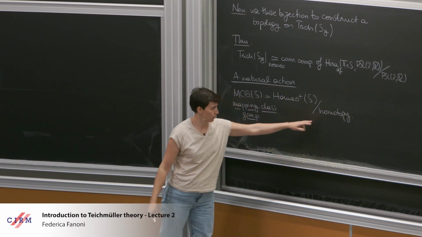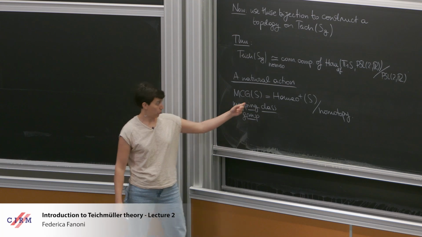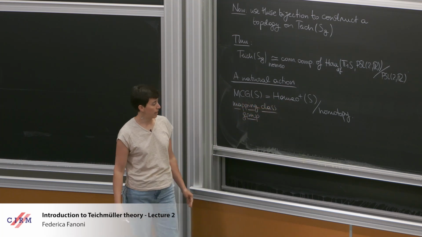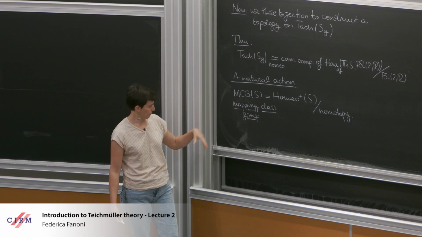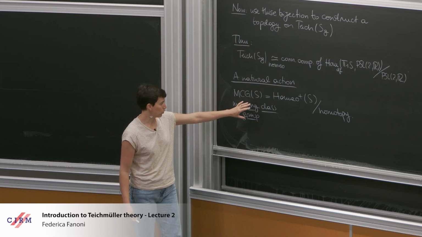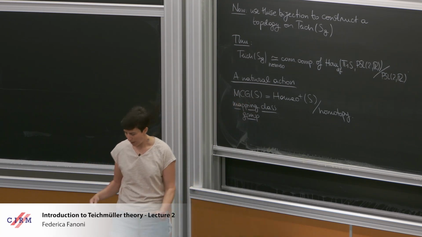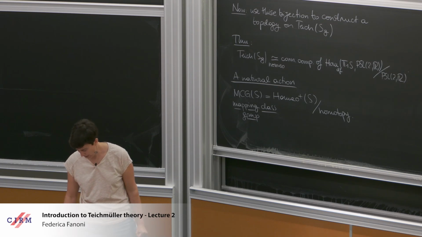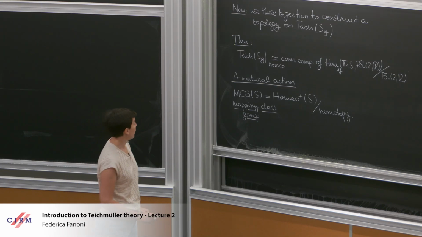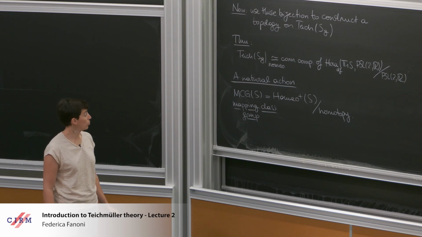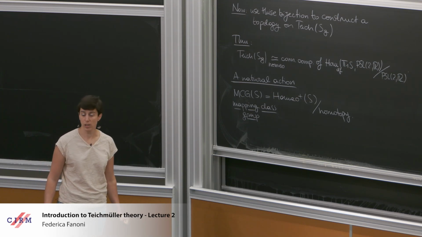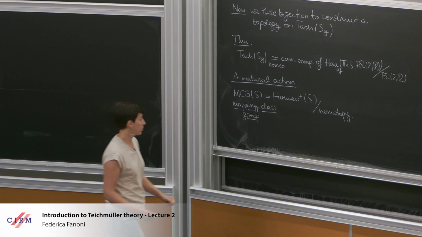And here you could choose isotopy, you could choose these to be diffeomorphisms, and in the case in which the surface is finite type, you can also choose quasi-conformal maps. We'll mention this quickly later. Okay, so this is a group that's associated to a surface, and this acts on Teichmüller space by changing the marking.